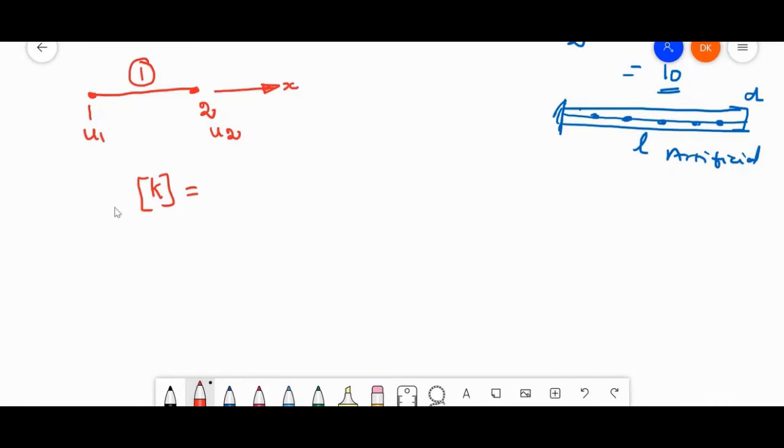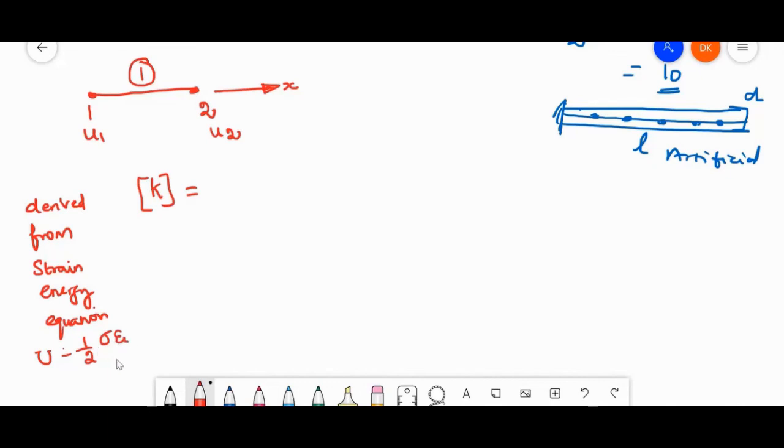So this stiffness matrix is derived from which equation? The strain energy equation. From this strain energy equation we have derived it. So what is the strain energy equation? U is equal to 1 by 2 into sigma into epsilon.